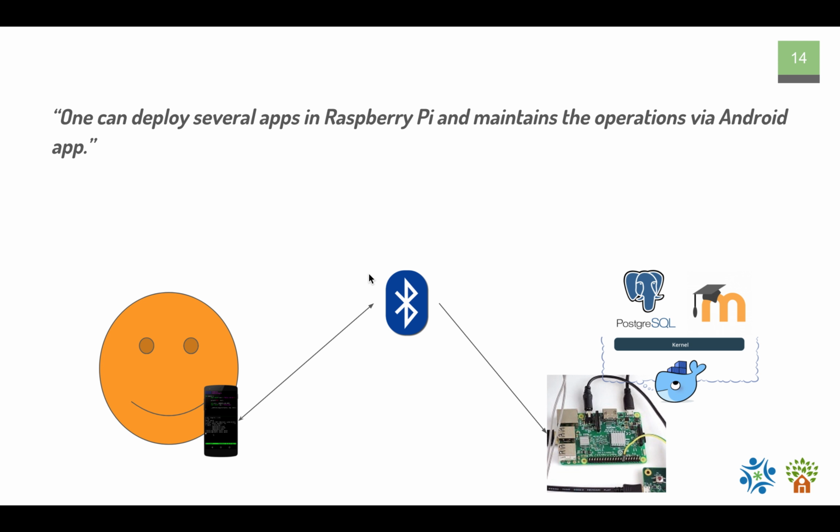But most of the others maybe don't know how to run Docker and everything. So the tech geniuses who operate the stuff will use a phone which connects via Bluetooth to the Raspberry Pi, and then can maintain the operation of Moodle or other services running on the Raspberry Pi by themselves from Bluetooth. Very handy, right?